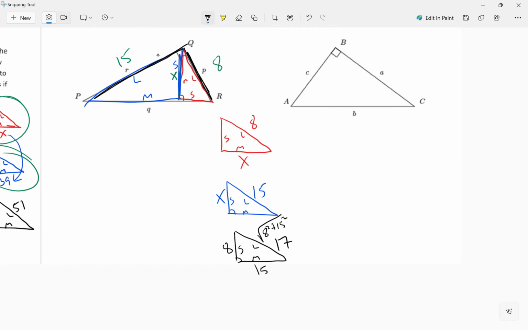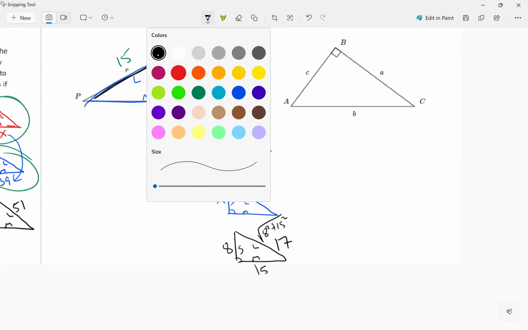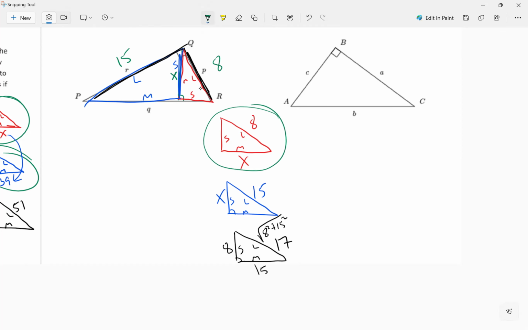So let's use these two. From the red triangle, I know the medium side is X and the large side is 8. So medium and large. From the black triangle, the medium side is 15 and the large side is 17.